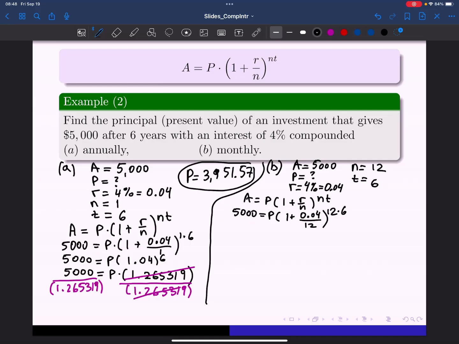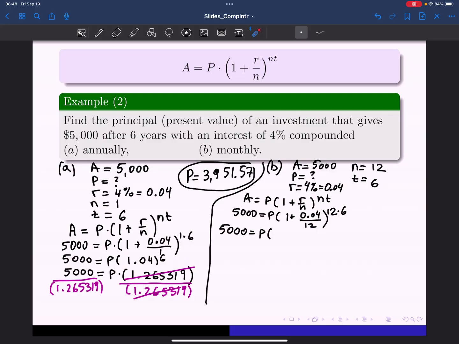So 5,000 is equal to P, and when I divide 0.04 by 12, I'm getting 0.003333.